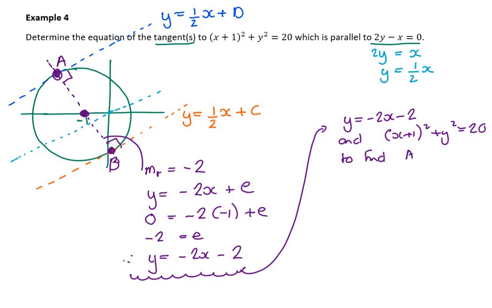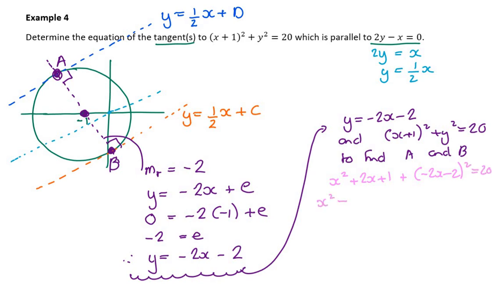Once I've found A and B, finding these equations is easy. So this was the hard part, figuring out how to get A and B. Simultaneous equation isn't too hard. So if I solve this simultaneously, let me square out the brackets, so I get x squared plus 2x plus 1, and then it's plus y squared, so now it's plus (-2x minus 2) squared, and that's going to equal 20.